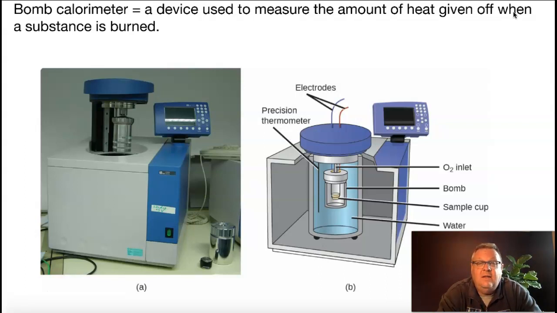Now, why do we have a bomb calorimeter? Well, back to the burning of a Snickers bar. If we want to know Q Snickers bar, that is the heat released when that Snickers bar is burned, that value, by the way, would be negative, right? Negative Q Snickers bar, the negative showing that heat's flowing out of the Snickers bar as it burns. We can't calculate Q Snickers bar directly.